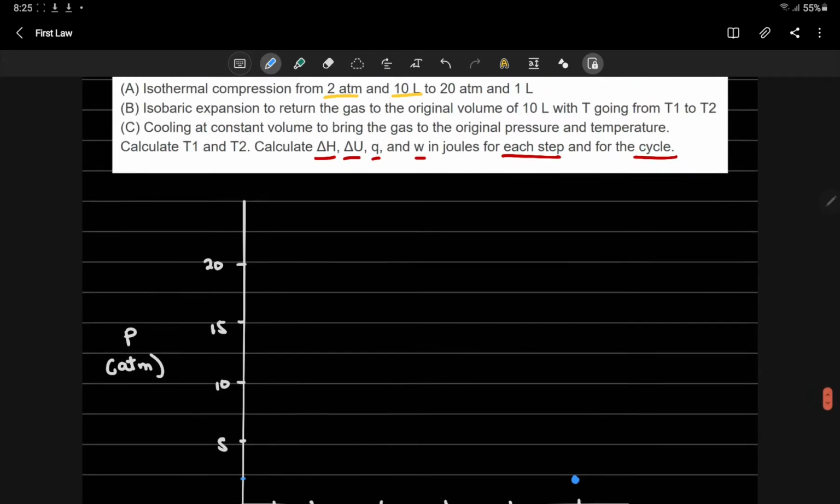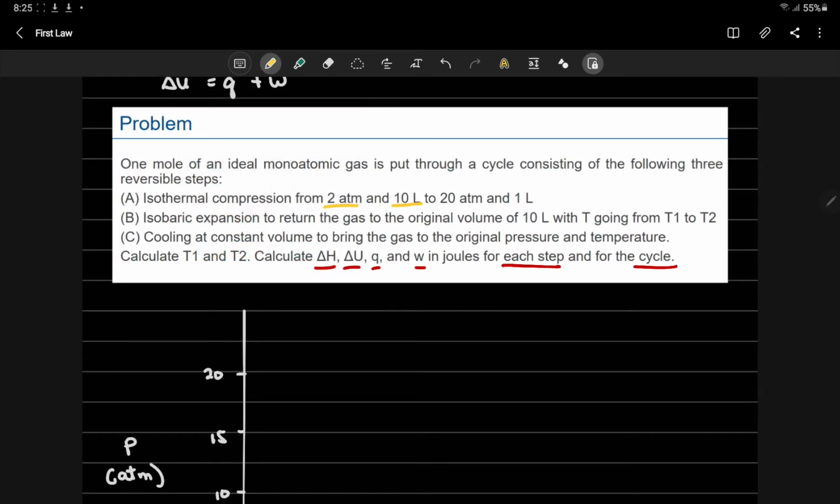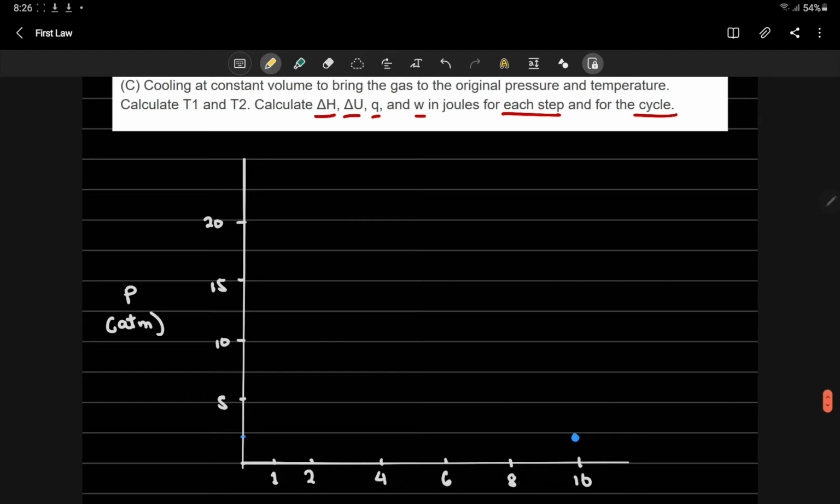So what will happen? From that initial condition, which is 2 atmospheres and 10 liters, we will have a compression. So the pressure will increase to 20 atmospheres, and the volume will decrease because it is a compression. So that will be 1 liter. So where is 20 atmospheres and 1 liter?